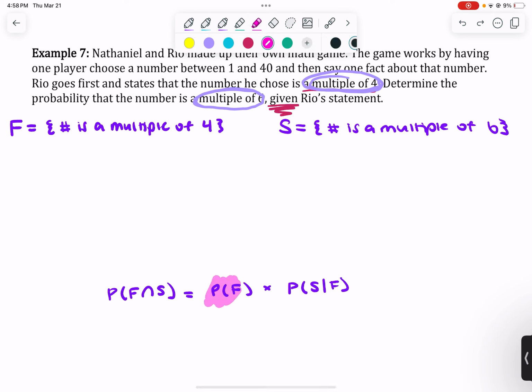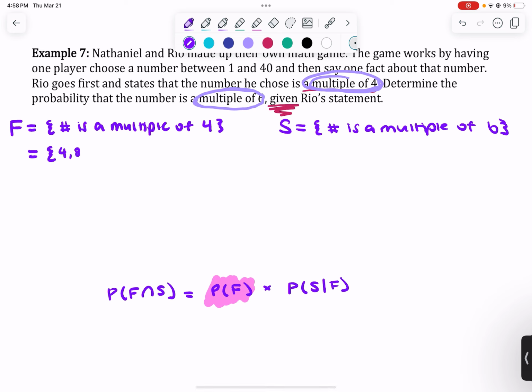So let's talk about the other two probabilities. Let's start with this one here. The probability that a number that we chose is a multiple of 4. Well, I know I have 40 numbers to choose from, 1 through 40, right? That's how the game's played. I could only choose numbers from 1 through 40. Instead of introducing that set as just a sentence here, I'm going to actually list all the multiples of 4 between 1 and 40.